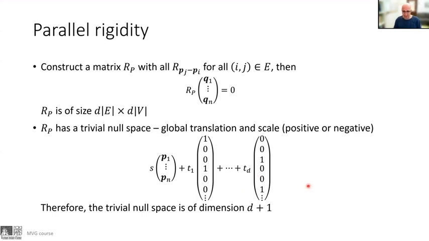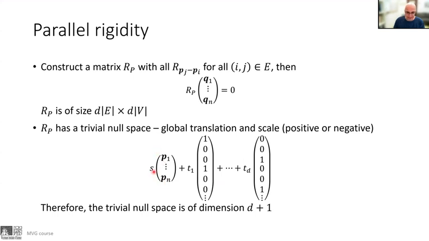This was maybe a little bit fast, and I want to make sure that you understand. Here D is 3 in this example, but basically I put D vectors like this. And the S of P1 to Pn is just the scaling of the points.